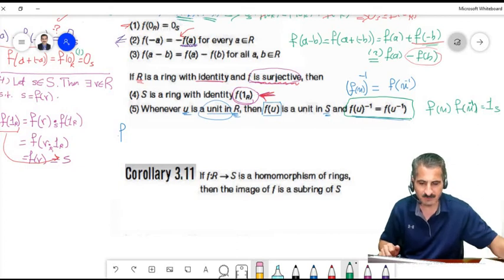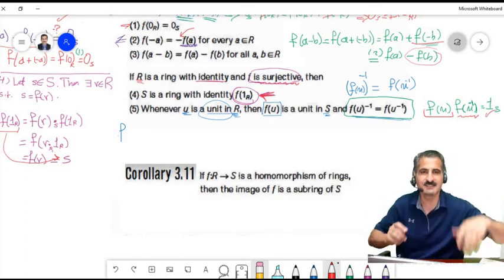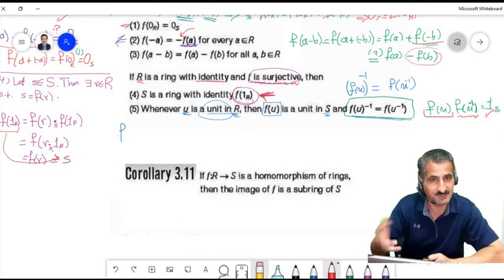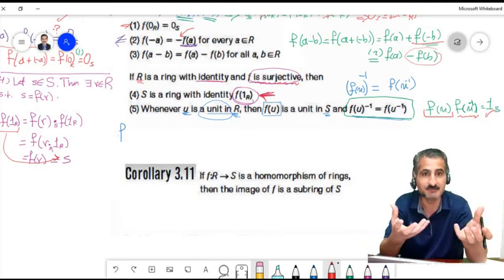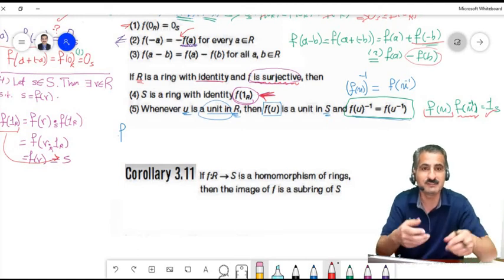I am multiplying this element by that element and getting 1, which means the other element is the inverse of the first one, and the opposite. So two elements multiplied by each other give the identity, so each one of them is the inverse of the other.